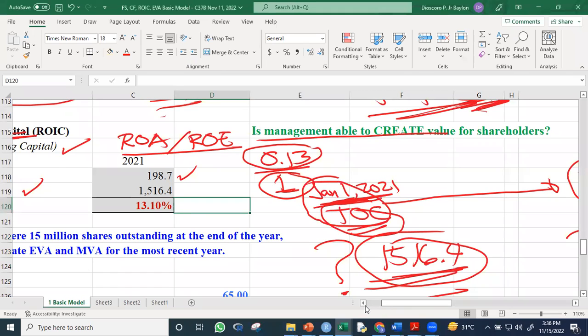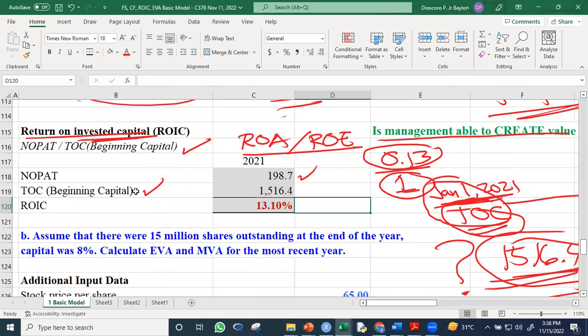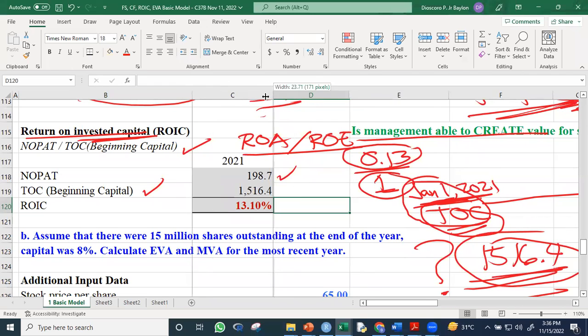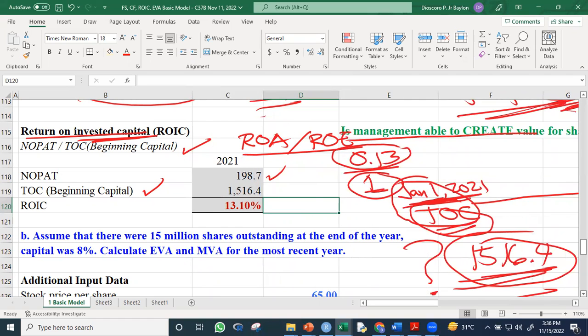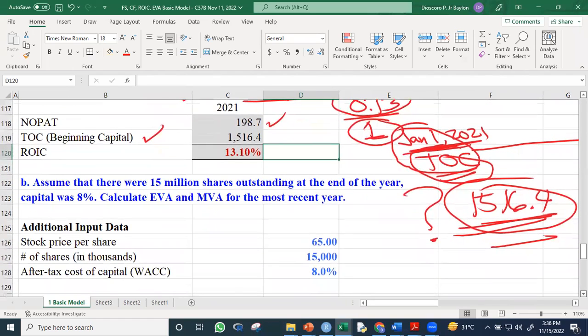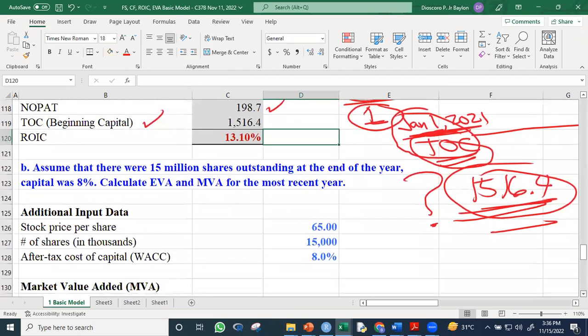Okay, so the answer here, class, is that for return on invested capital, yes, it was able to generate value for their shareholders. All right. I will not give you the answer now, pero hanapin niyo yung answer dyan. The answer why it was able to generate value for the shareholders can be found below that. Siyempre, medyo tingin kayo sa baba ng konti. Ano kaya doon? Why did I say that management was able to create value for the shareholders?